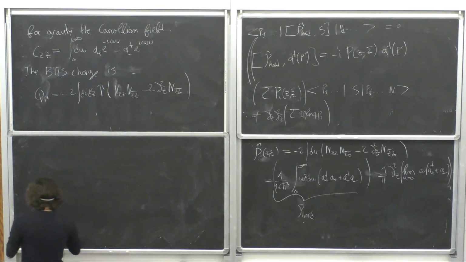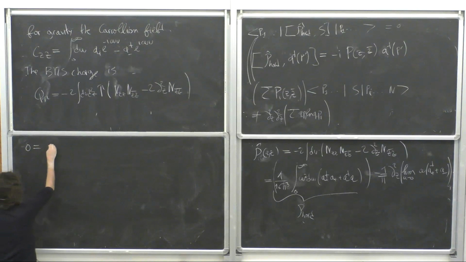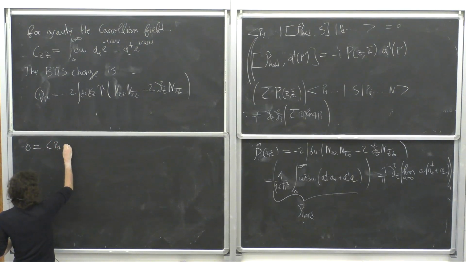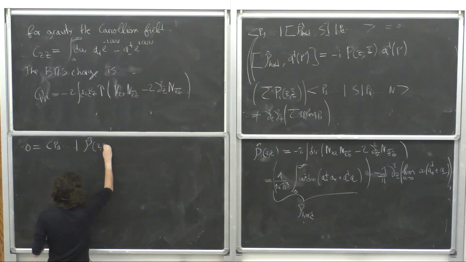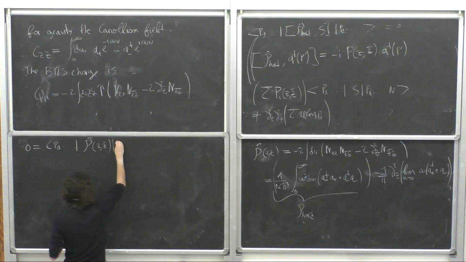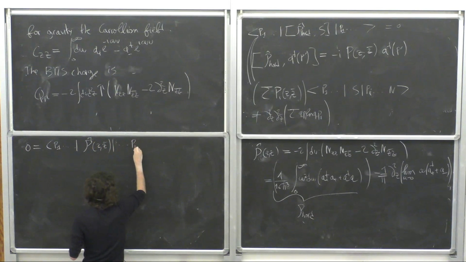So now 0 equals P1, blah blah blah, curly p of z bar Bn.